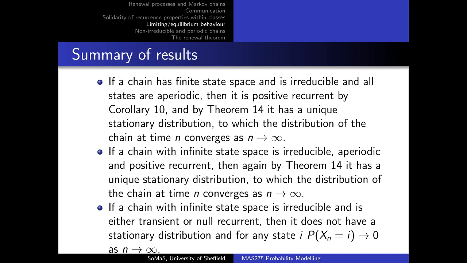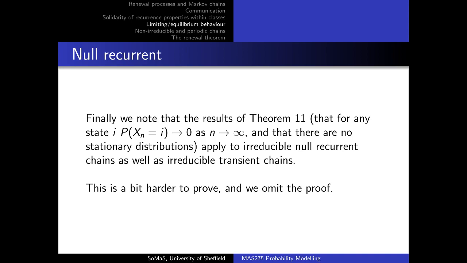I want to add one new thing about null recurrent chains. Last time we also proved that in the case of an infinite state space, if you're transient, then the probability that X_n is i converges to 0. This is also true for null recurrent chains, as we state in this slide.